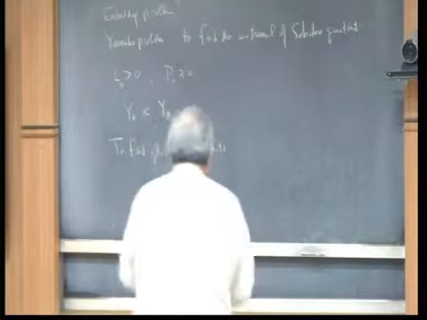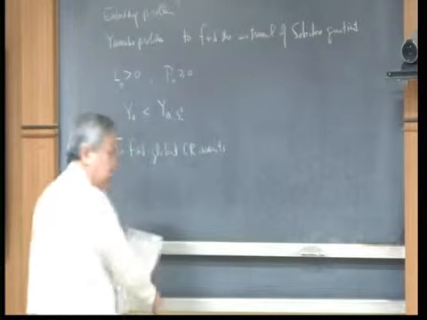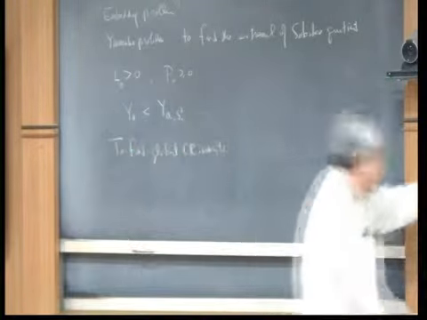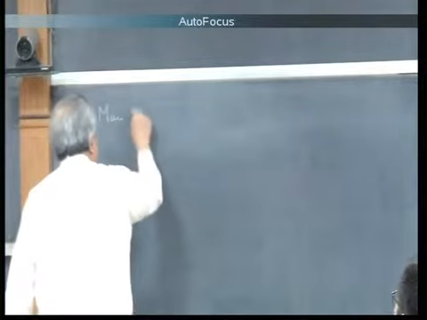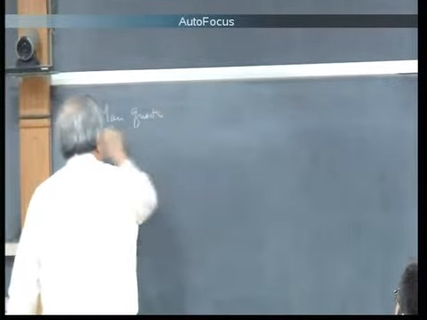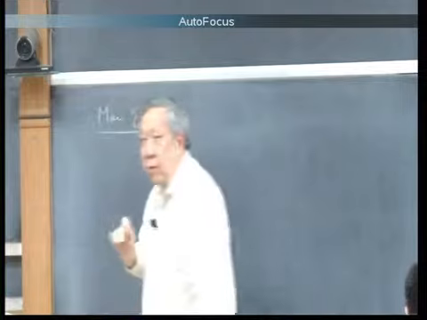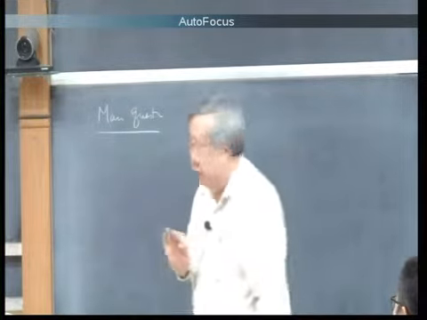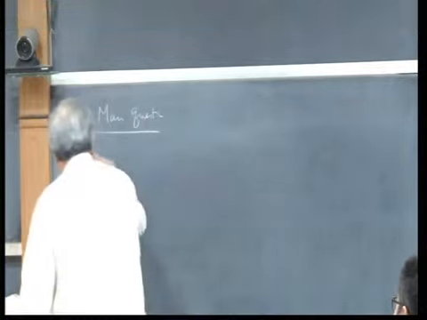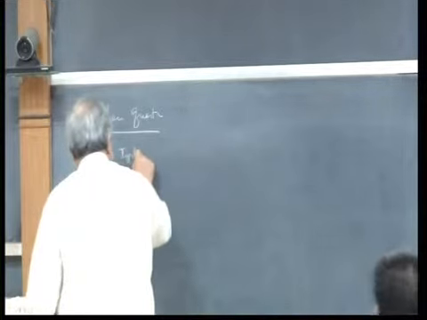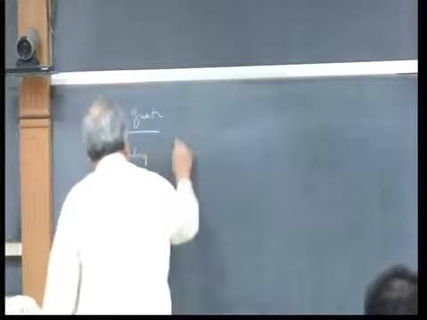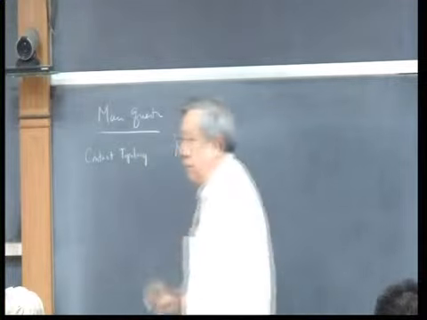Okay. Well, thanks for these questions. So, and then maybe I should list this. So the main question, depending on what you're interested in. But if you're interested in contact topology, then I take a three-manifold.